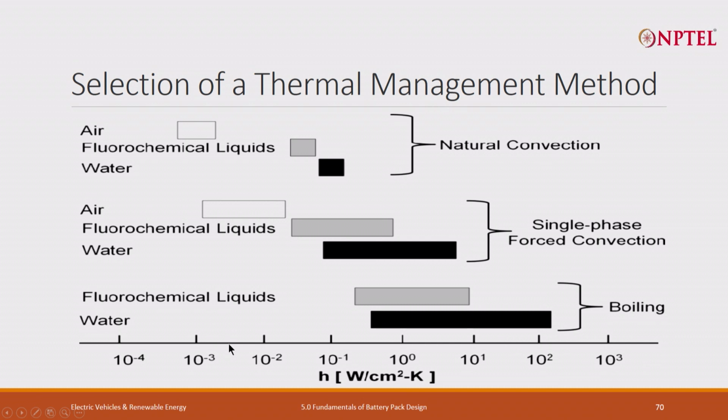Up to 10 to the power minus 3 watt per centimeter square per Kelvin, higher than that, you should start looking at single phase forced convection like liquid cooling. When you are going up to 1 watt per centimeter square per Kelvin, then you have to start using the two phase boiling and condensation method, and that is exactly what happens in the direct expansion refrigerant cooling or in a hybrid system.